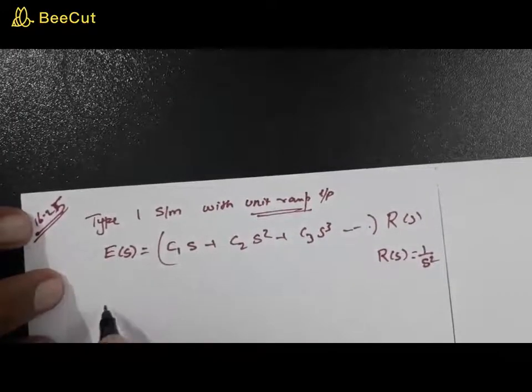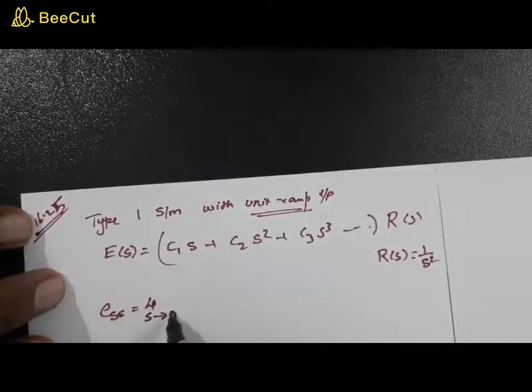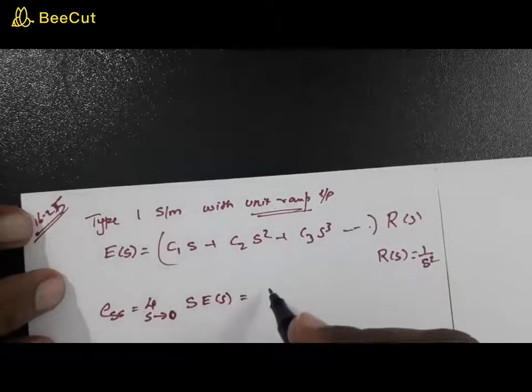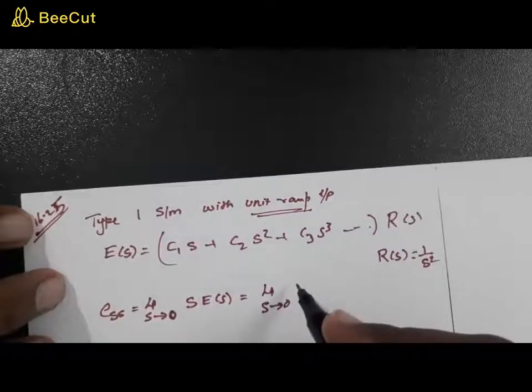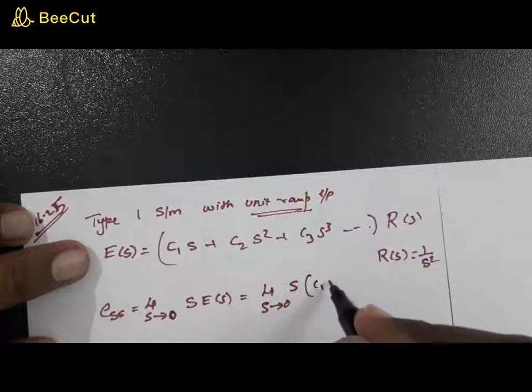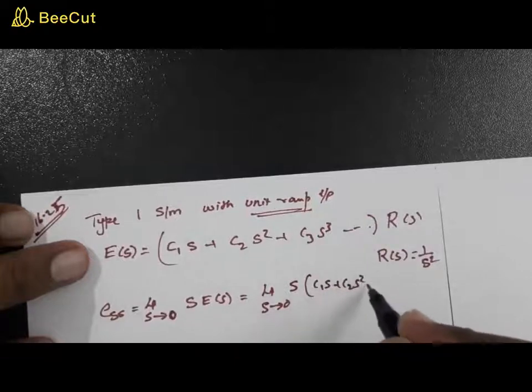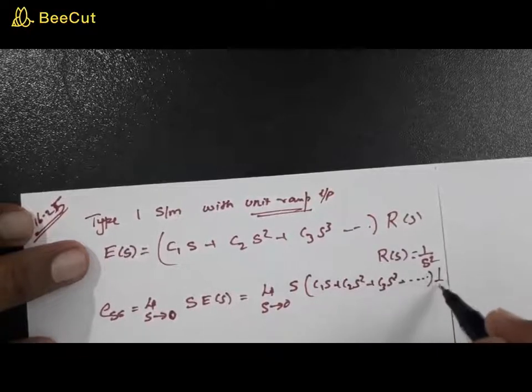Now this e of s. Now let us see what ESS is. ESS is limit s tends to 0 of s into e of s, meaning limit s tends to 0 of s into c1s plus c2s square plus c3s cube, etc., multiplied by 1 by s square.